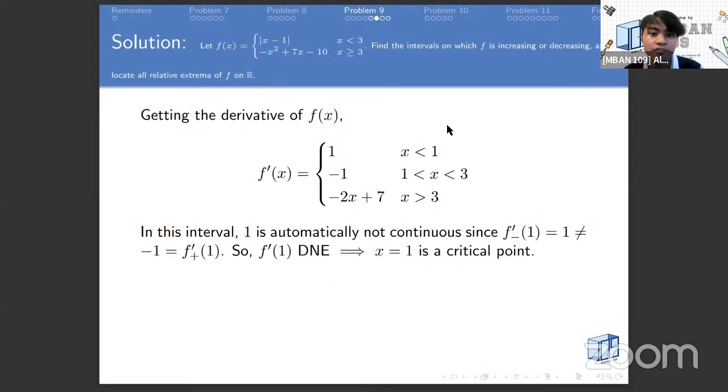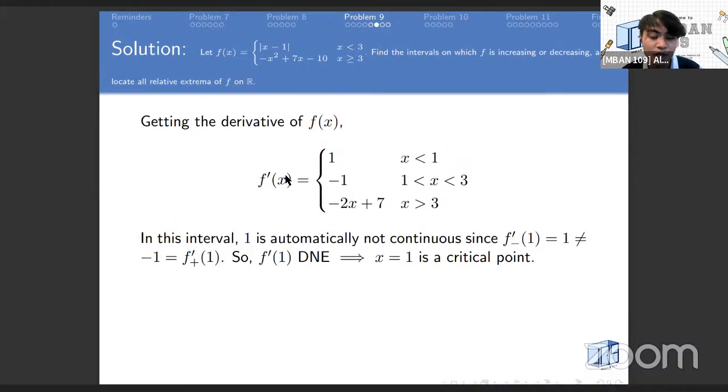Getting the derivative, f prime of x is equal to 1 kapag x is less than 1. Negative 1 naman siya if x is less than 3 but greater than 1. Equal naman siya negative 2x plus 7 if x is greater than 3 naman. At 1, it is automatically not continuous since the derivative of f from the left of 1 is equal to 1, which is not equal to negative 1.